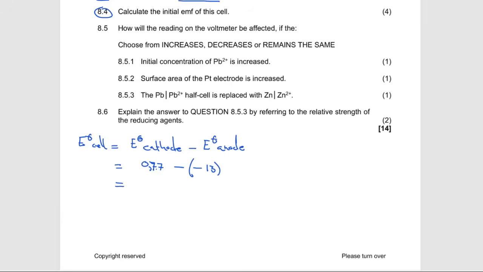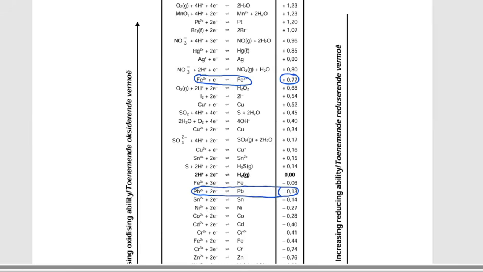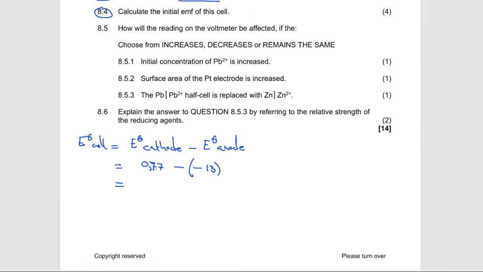Oh, let me look at my E theta values. Negative 0.13. Oh, okay. So I made a mistake here. It's supposed to be 0.13, not 13.